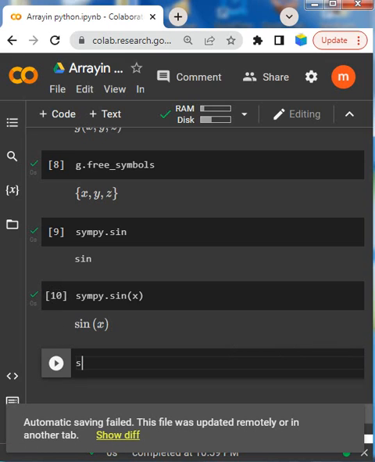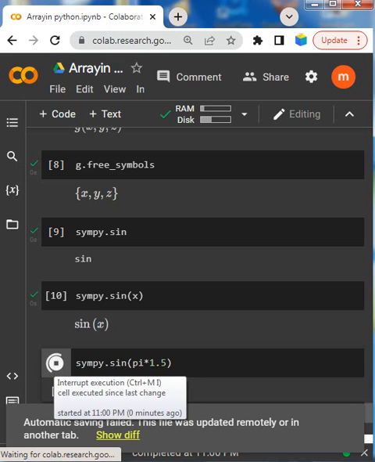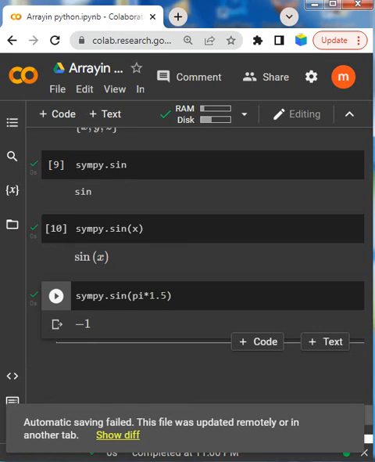Now pi will multiply anything, just 1.5 here, so you can easily get the exact value. Most of the time we know sine of 30, 45, 60, 90, 180, 360, 270, but here we can easily get multiples of pi, 1.5, 1.25, and these things also.